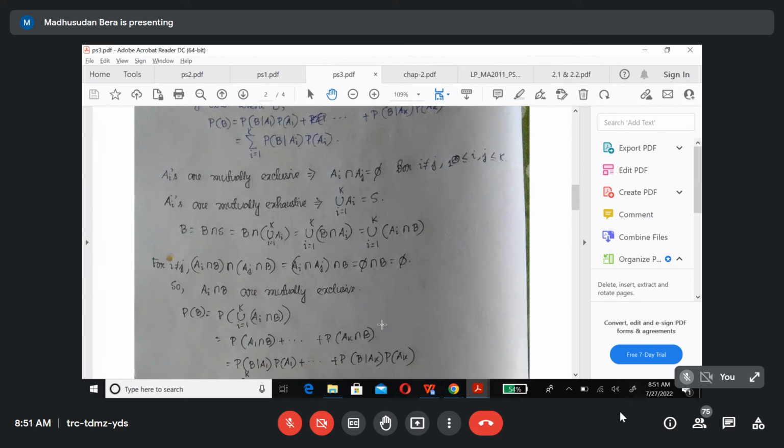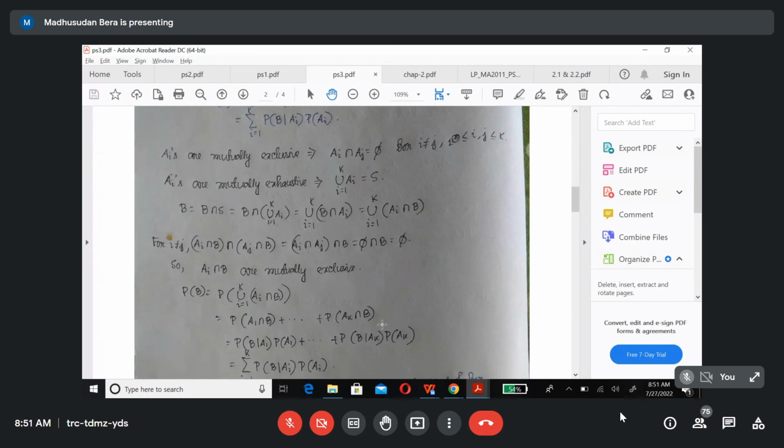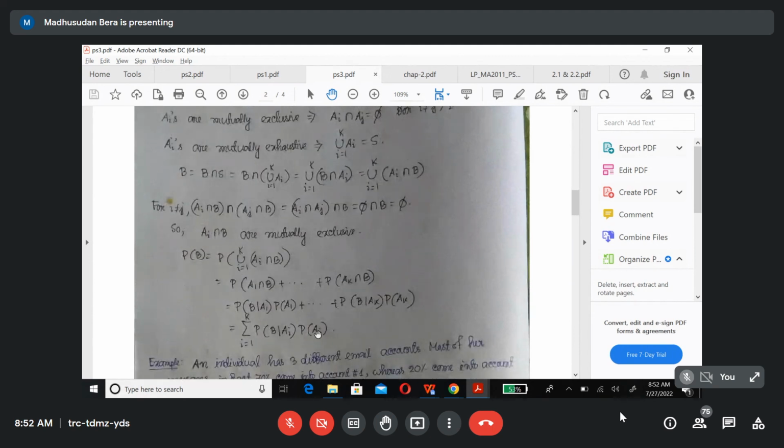Yes, sir. Now, what is A1 intersection B? By the multiplication rule, P of B given A1 into P of A1, then P of B given A2 into P of A2, and that way up to P of B given AK into P of AK. A1 intersection B is the same as B intersection A1. So that's why, summation i from 1 to K, P of B given AI into P of AI.